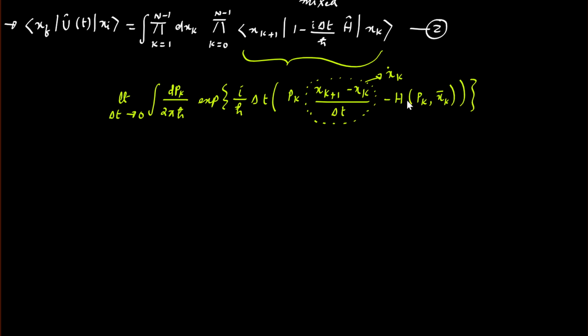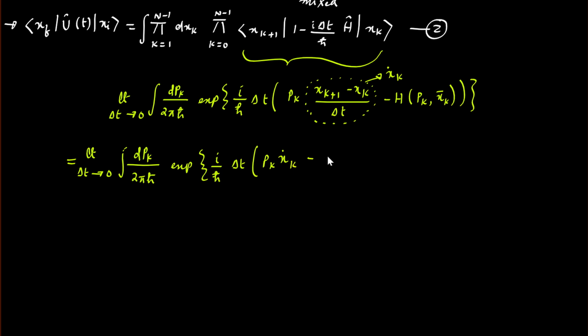So I can write this expression like this also. If in place of the Hamiltonian we put the kinetic energy plus potential energy term, then we have the following. The limit delta t tends to 0 of the integration dp_k divided by 2 pi h cross, exponential of i by h cross delta t times the bracket p_k x_k dot minus, in place of the Hamiltonian, p_k square divided by 2m minus the potential term.